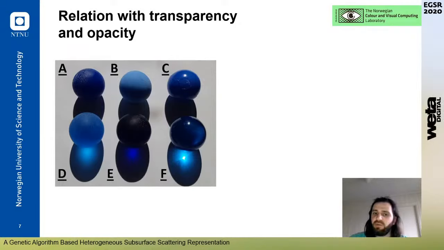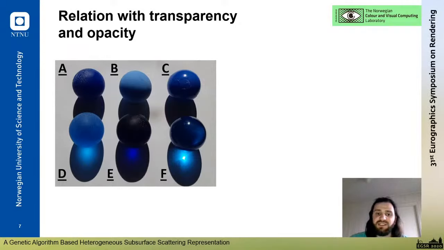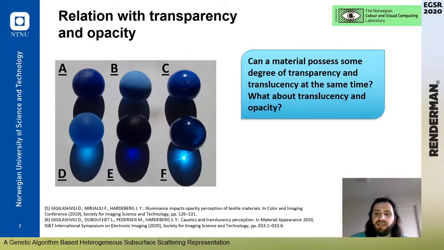Otherwise, if we have a look at the object, there are no cues. It looks fully opaque. And also like object D, caustics show how the light is transmitted through the object, and object F is also very informative in that sense.